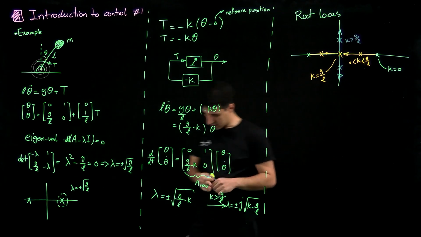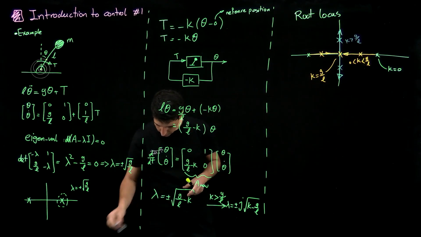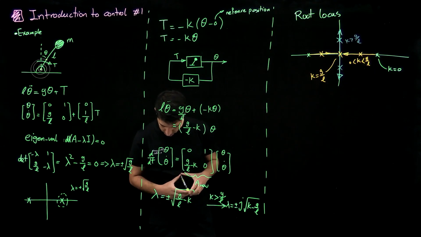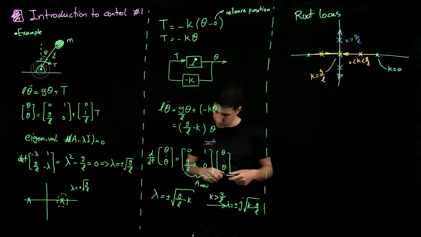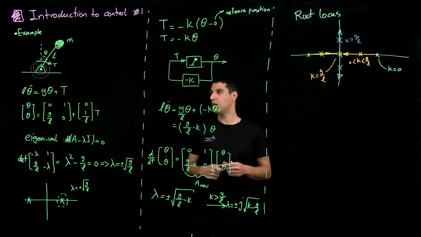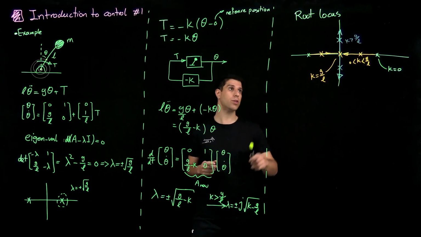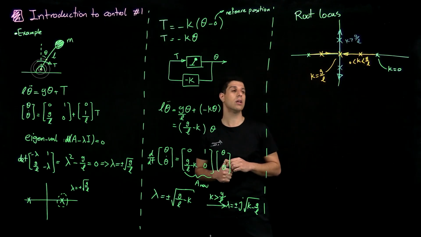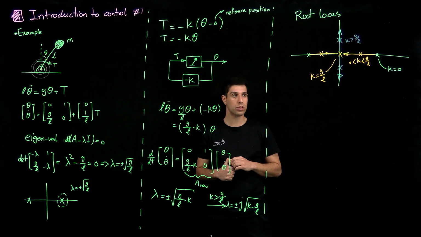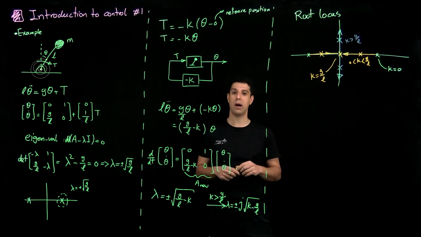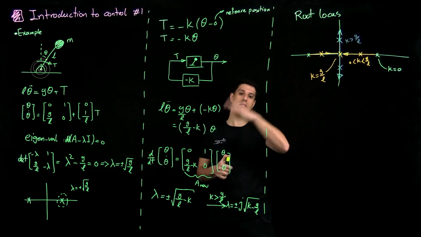Okay, so that's it. Let me double check if I have covered everything. Maybe one last item: if you want to have a better response, for instance, instead of having these completely imaginary poles or eigenvalues, you want a system that shows underdamped behavior, so it doesn't oscillate forever.